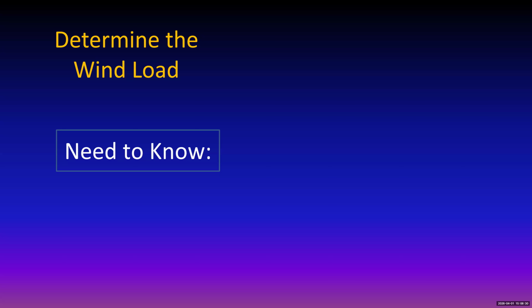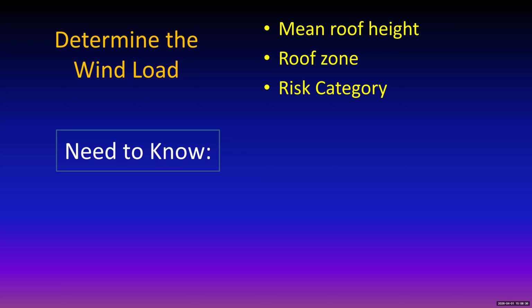And in order to calculate the wind load, this is what you need to know. You need to know the mean roof height, the roof zone, the risk category. What is that? Well, that's a matter of, is it residential? Is it out in the middle of nowhere? That's risk category 1. Risk category 2 is minimal possibility of loss of human life.